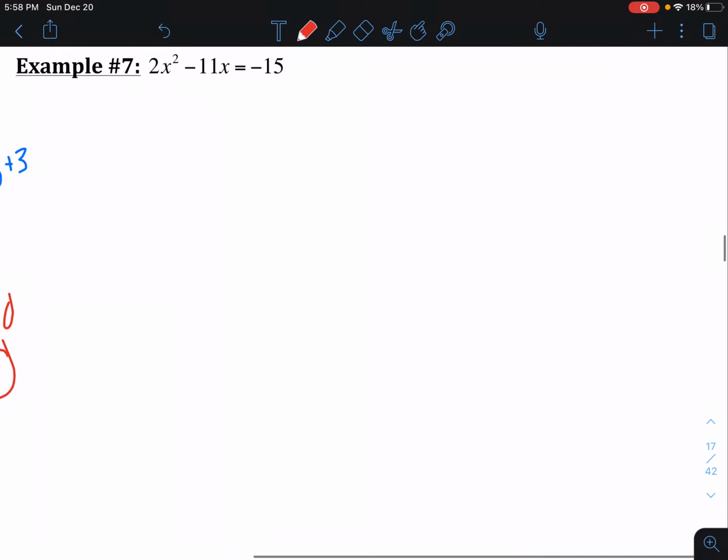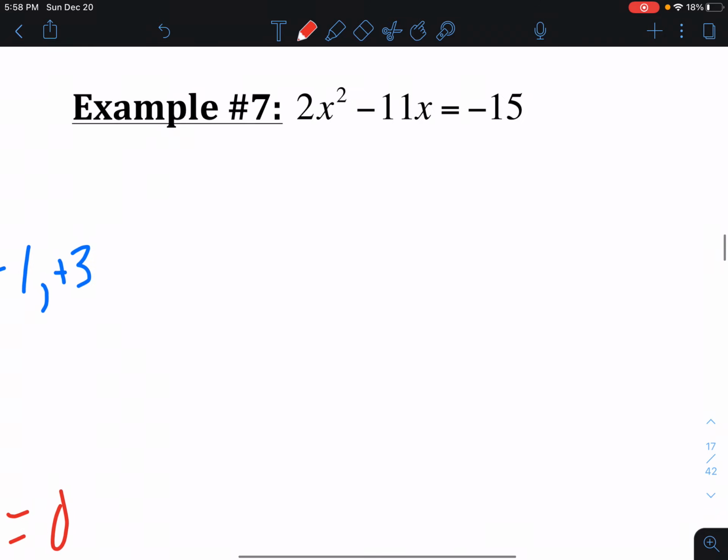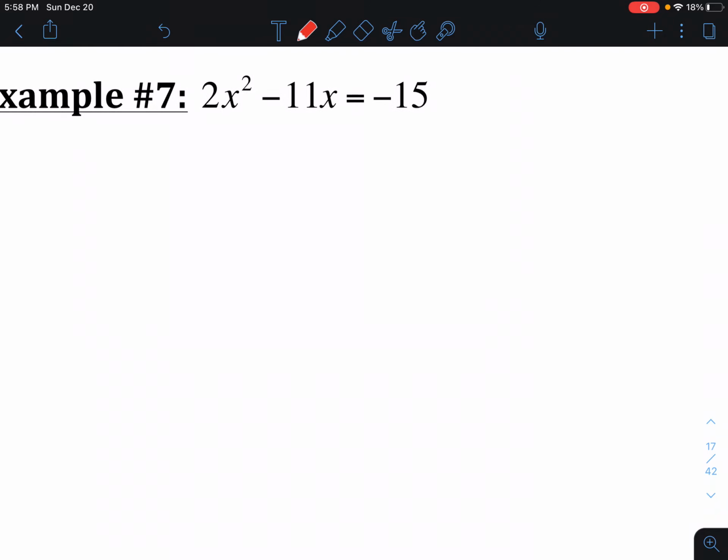Okay, example 7. The first thing I would do here is I do not want it equal to 0, so I would add 15. Okay, so what kind of factoring is this?